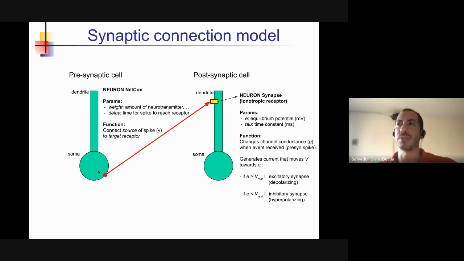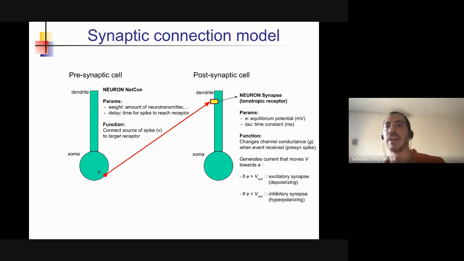When this voltage crosses a threshold, usually -10, although you can change it, it sends an event to the postsynaptic cell. It tells it, hey, in the presynaptic cell, the voltage crossed this threshold, so we think this is a spike. So do whatever you have to do on your side to make sure this spike has the effect it should have.